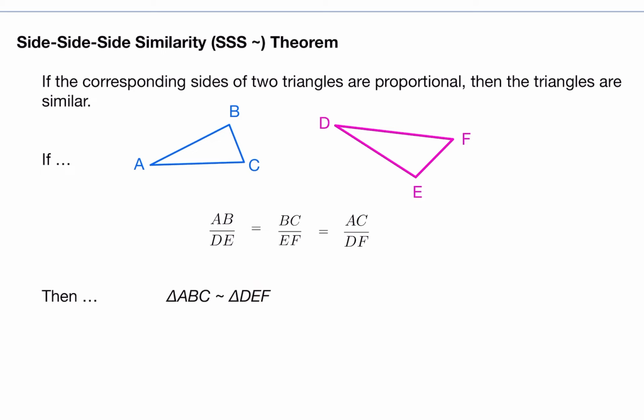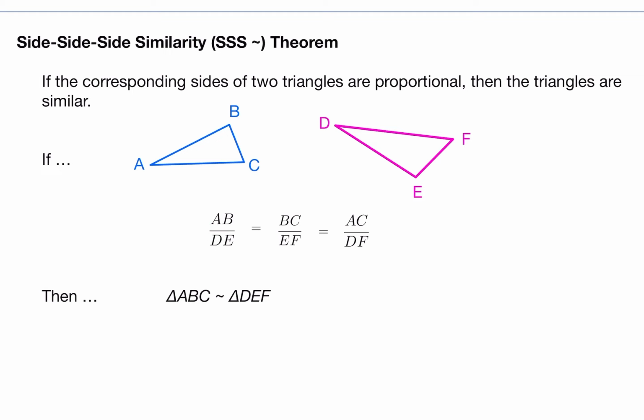Now, if we take a look at side AB and we want to compare it to the corresponding side of triangle DEF, we have to take a look at AB, which is the first two letters of the first triangle, and so we have to compare that to the first two letters of the second triangle. Okay, and that's why we have AB over DE.